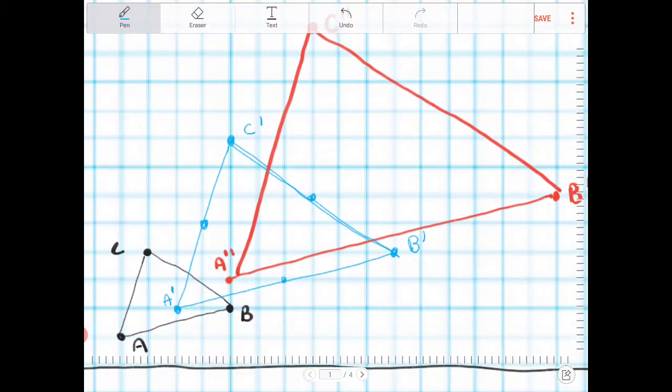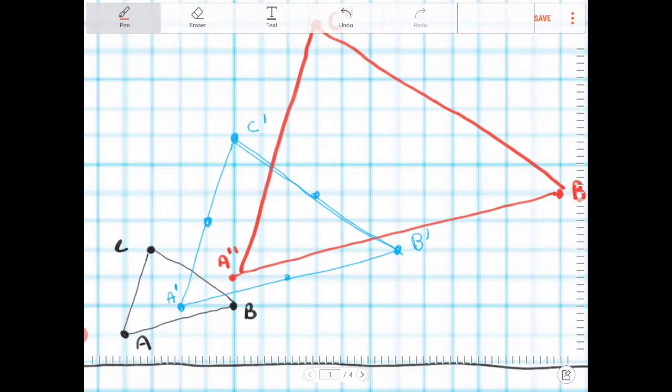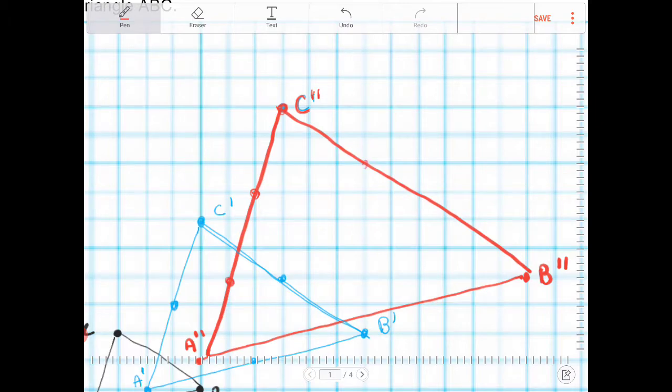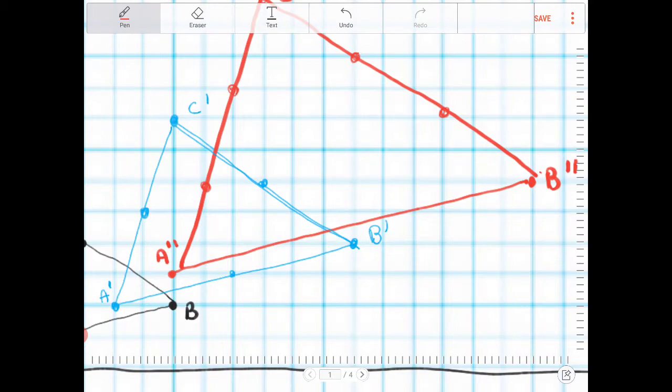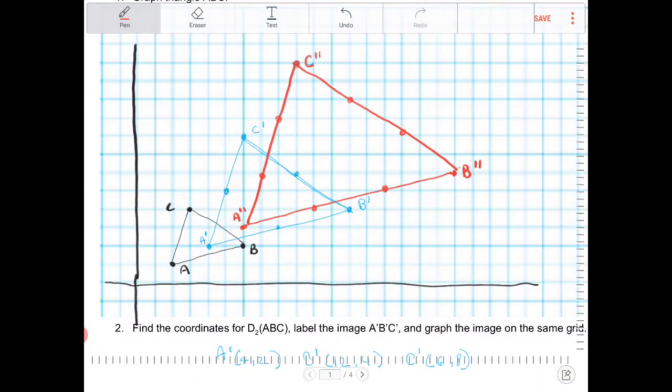And then over here with the double prime, if you look at this, 1, 2, 3, and then 1, 2, 3, and then over here same thing, 1, 2, 3. You can see that all of these will end up having the same exact slope. When I say all of these will have the same exact slope, I mean all the corresponding sides will end up having the same slope.